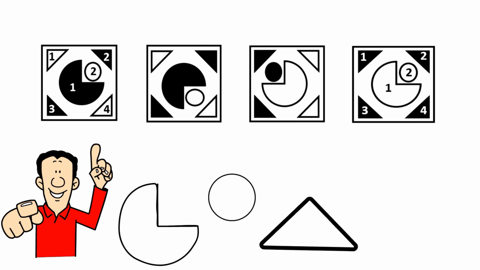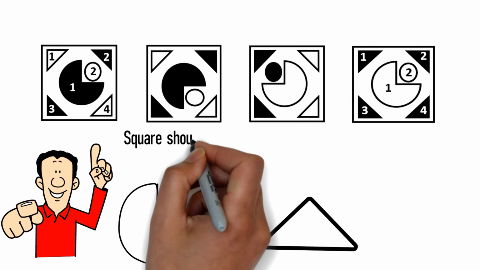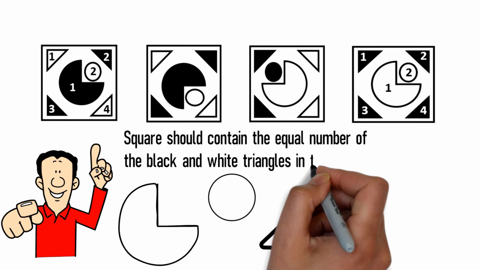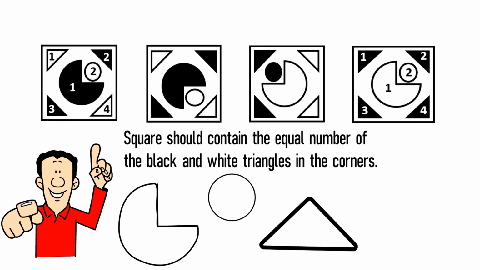But there are some sophisticated questions on the test which might include patterns for both shapes. In this particular case, the pattern is that the square should contain an equal number of black and white triangles in the corners. Triangles in square A are positioned diagonally across from each other.